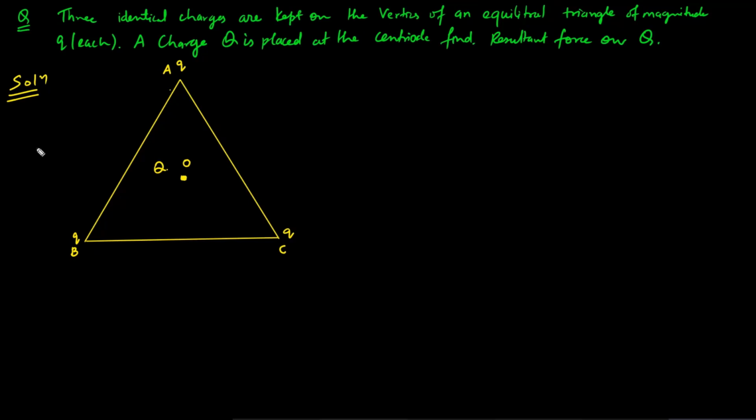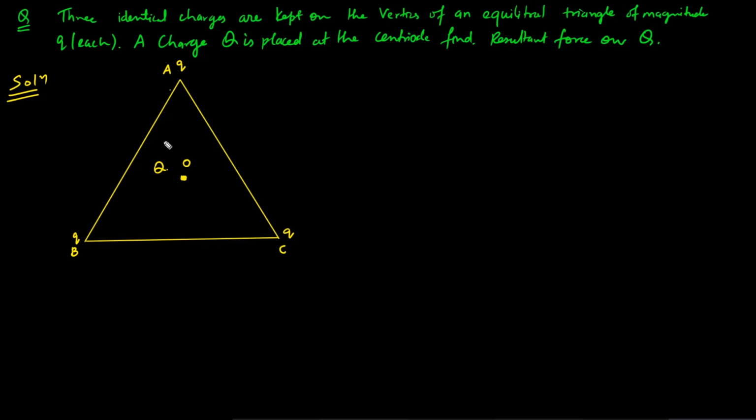Now, first of all, let's consider that small q and capital Q are oppositely charged. You can consider the same charge also; the resultant is not going to change, it will come the same.